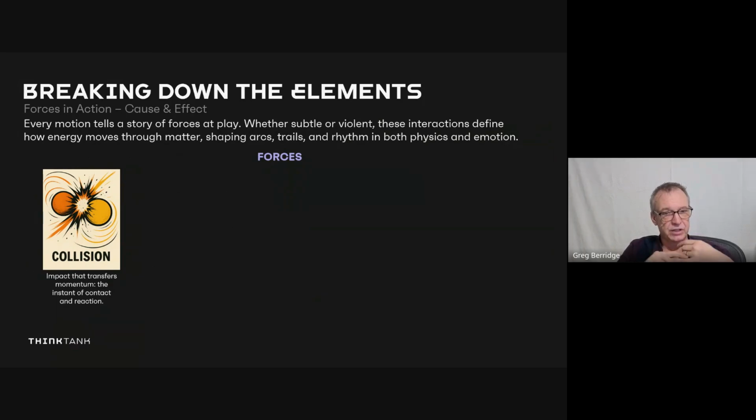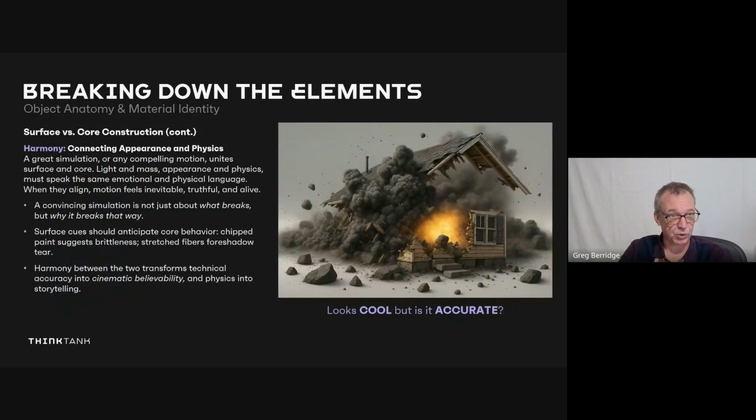So forces that will come into play. Every motion tells a story of forces at play, whether subtle or violent. It's the interactions that define how energy moves through matter. So collisions, right? Impact that transfers momentum, the instant of contact and reaction. Okay. So when two objects collide, in the case of an explosion, the explosion itself generates the energy that repulses or propels things away from it.